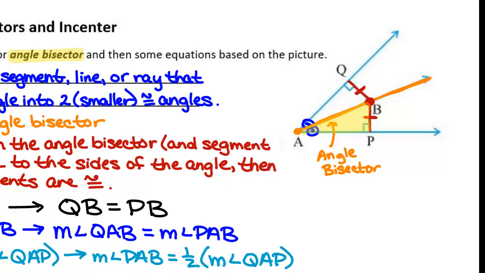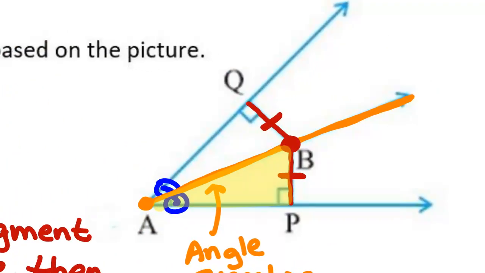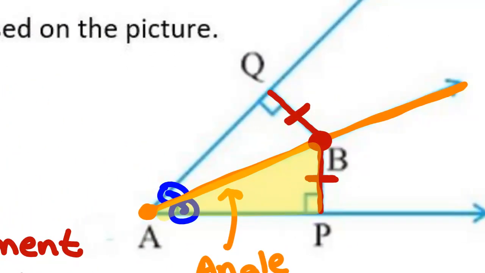This yellow triangle right here, which side is the hypotenuse? Which side of the yellow triangle is the hypotenuse? AB, opposite the right angle, is the hypotenuse.